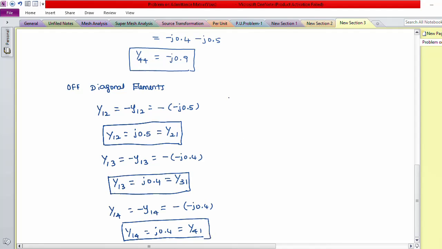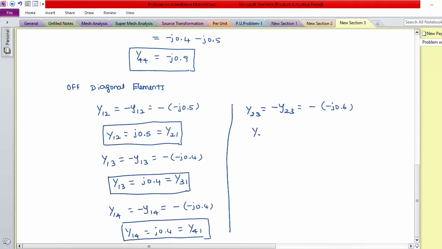Now we have to calculate y23. y23 is equal to minus small y23, that is minus of minus j 0.6.